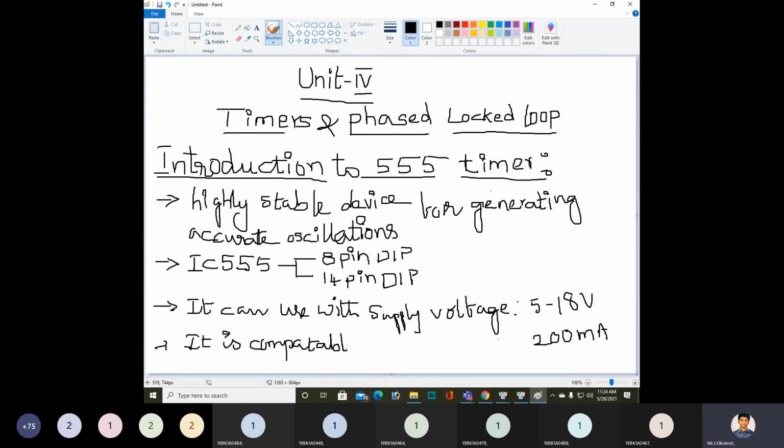It is compatible with both TTL and CMOS logic circuits.